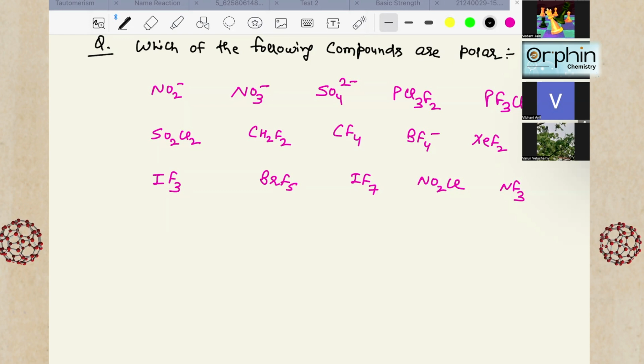Okay, so NO2 minus, NO3 minus. Let us discuss it now. What is your answer coming, Afik? Polar compounds. So non-polar. I asked polar, but you found non-polar.